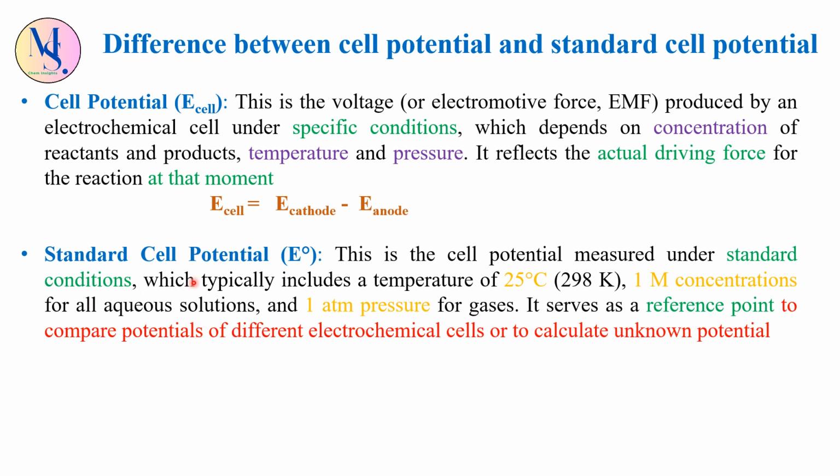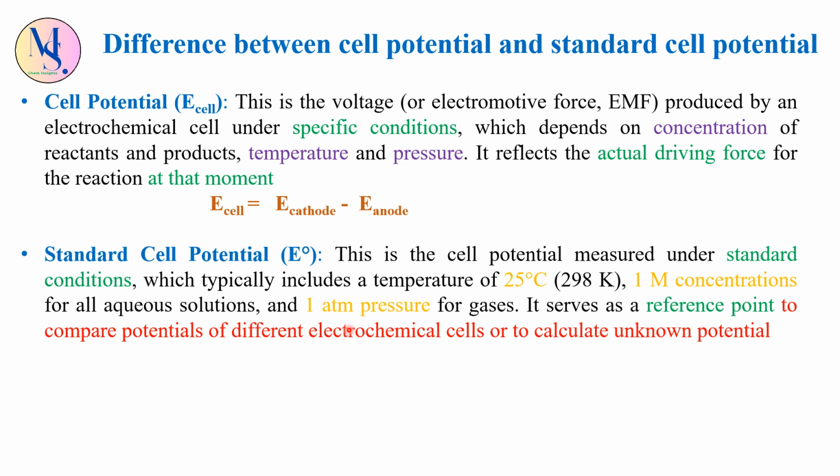While the standard cell potential, which is written with this symbol, is a potential measured at standard conditions of temperature, that is 25 degrees centigrade or 298 Kelvin, 1 molar concentration for all the aqueous solutions, and 1 atmosphere pressure for gases.